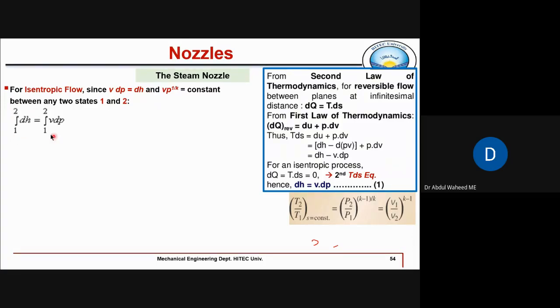Integral 1 to 2 of dH is equal to integral 1 to 2 of VdP. Right. And now we will expand this further. So H1 minus H2 is equal to, actually it is H2 minus H1. So we write H1 minus H2, then this minus will be shifted here: minus integral 1 to 2 of VdP.